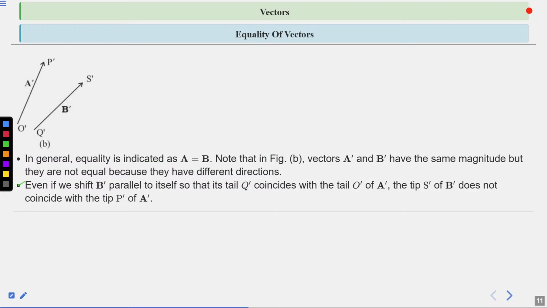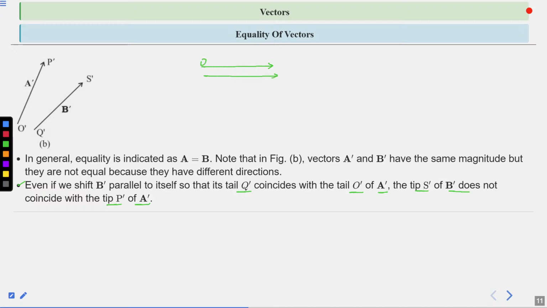Even if we shift B prime parallel to itself so that its tail Q prime coincides with the tail O prime of A prime vector, the tip S prime of B prime does not coincide with tip P prime of A prime. So to check the equality, you need to just coincide the points.